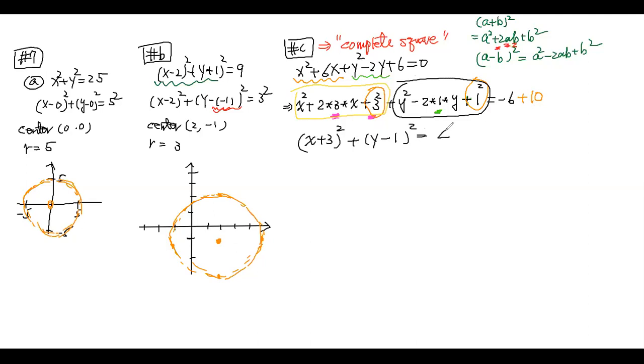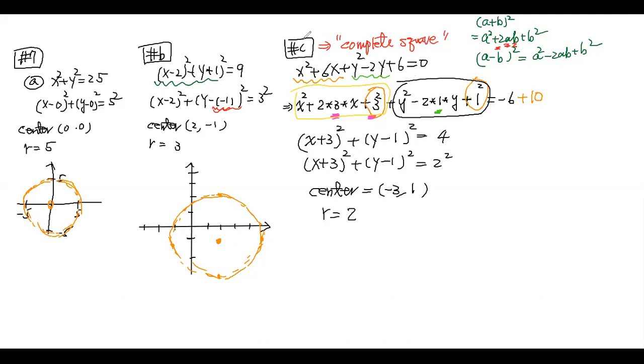What is here? 4. Okay, so this is x plus 3 to the square plus y minus 1 to the square is 2 to the square. Okay, so where is the center? The center will be negative 3 and 1. And the radius here is 2. All right, so that's it.